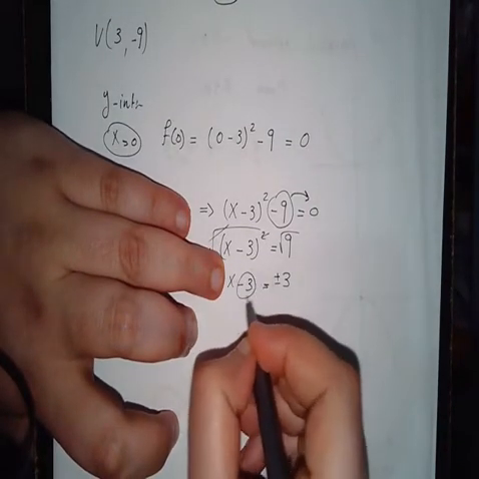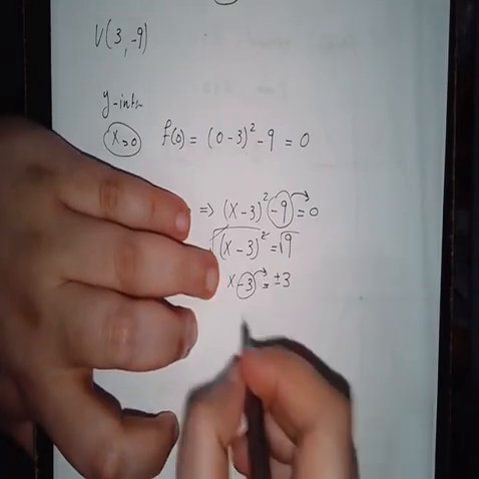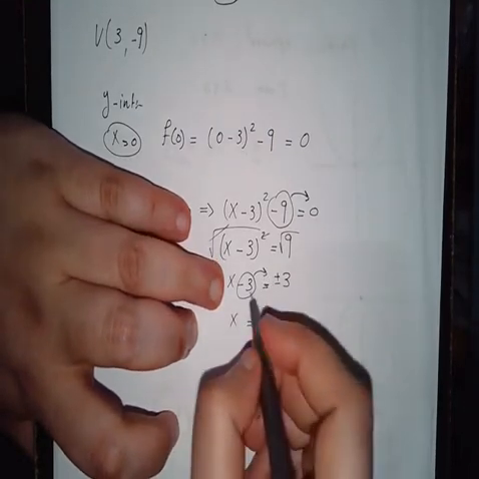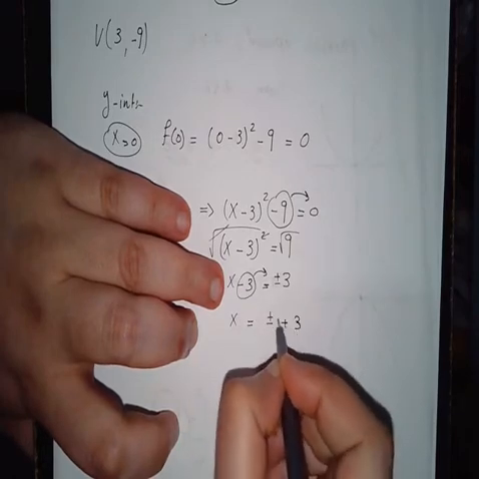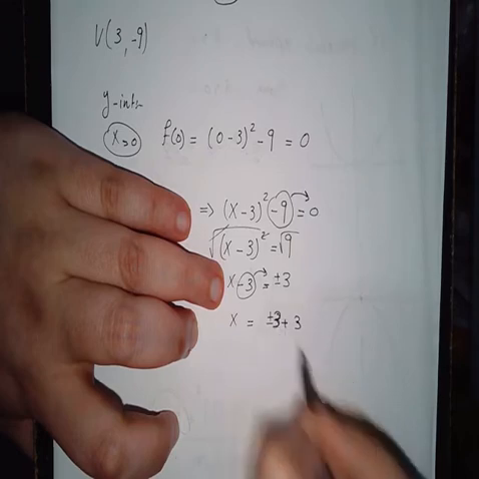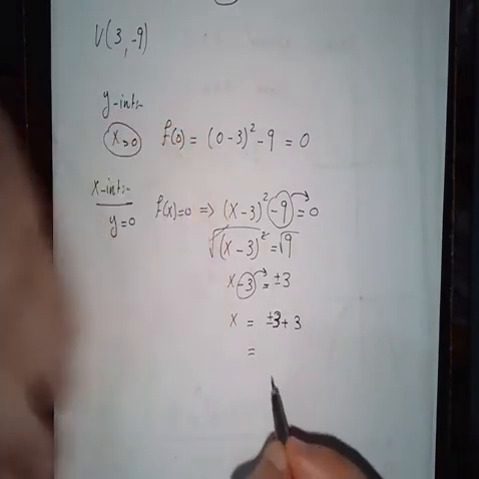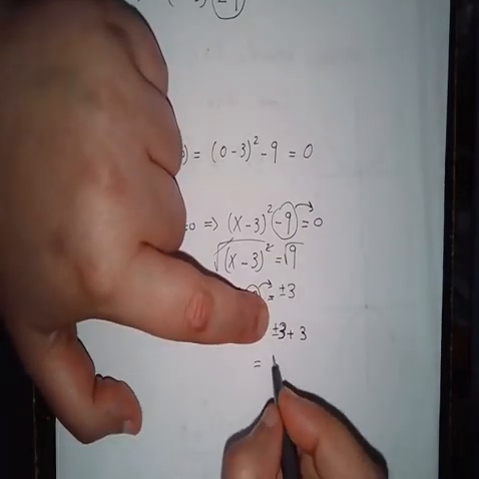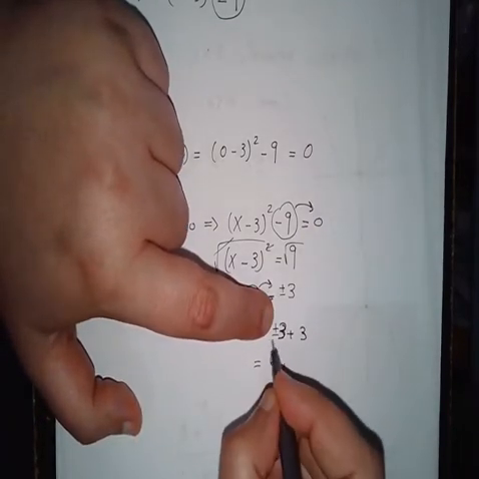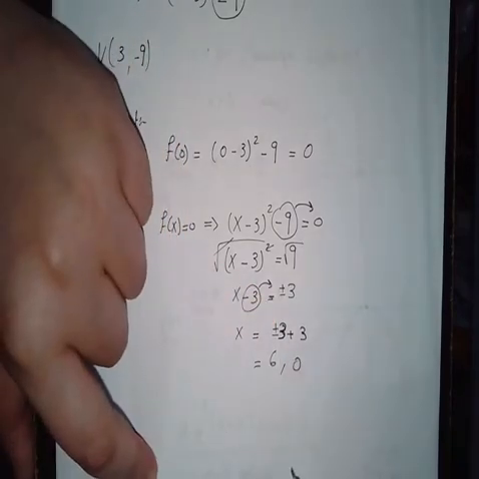And last but not least, negative 3 goes to that side, and you end up with x equals positive and negative 3 plus, oops, I forgot the 3. Positive and negative 3 plus another 3. So the two solutions over here: one of them, positive 3 plus 3 gives you 6, and the other one, negative 3 plus 3, the answer is 0.